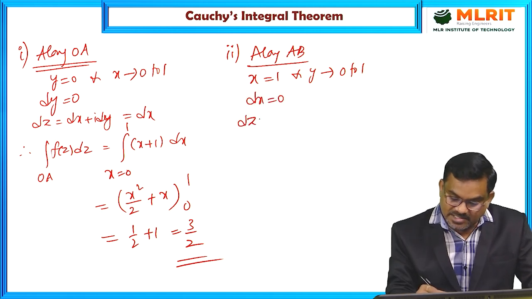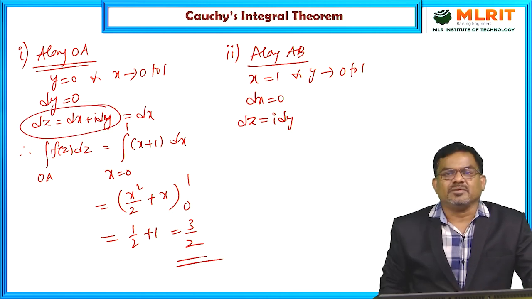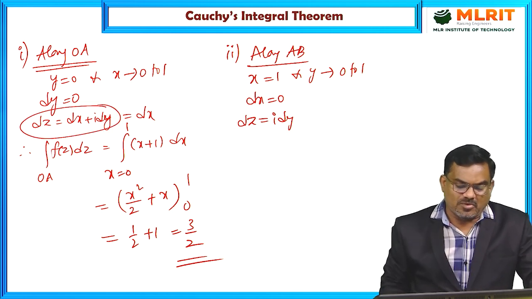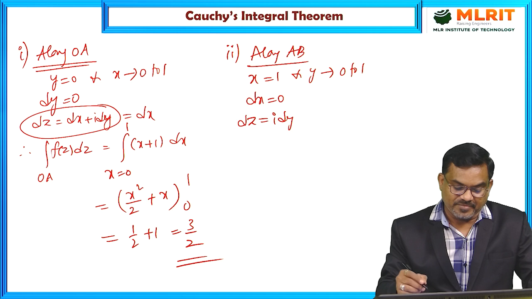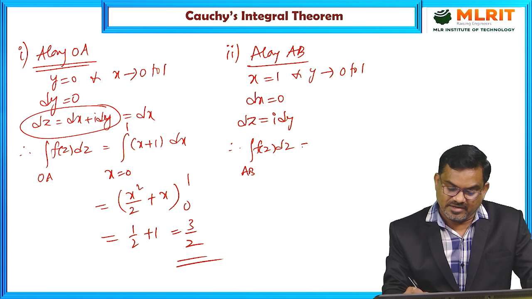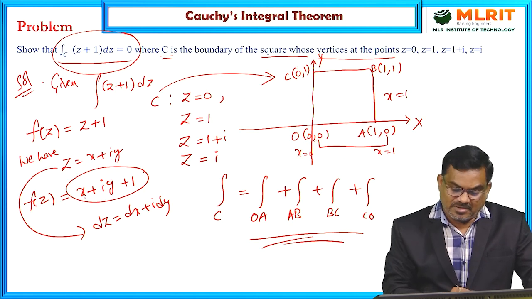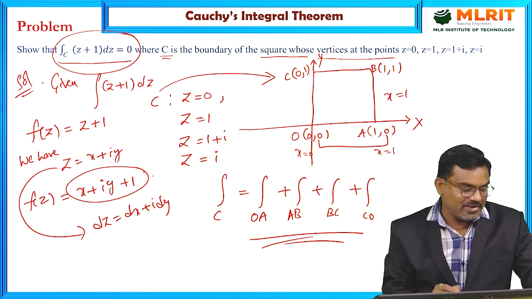Then dz is I dy. Since dx is 0, dz is I dy. And therefore the line integral along AB, f of z dz will be x plus iy plus 1, but x equal to 1, so iy plus 2.